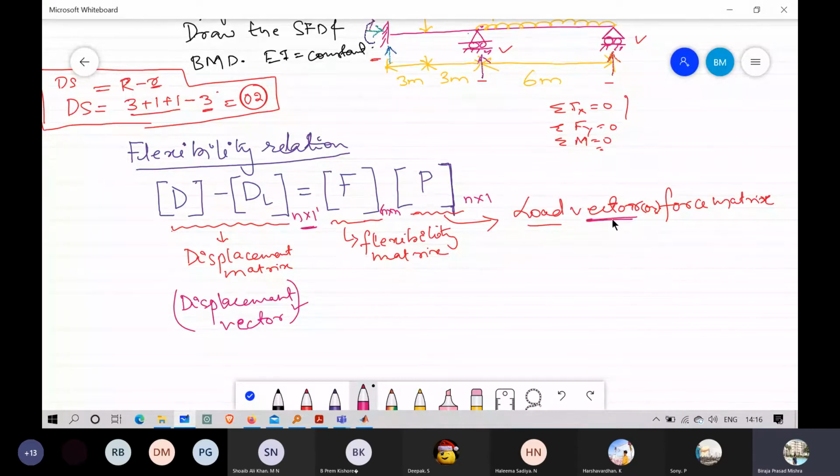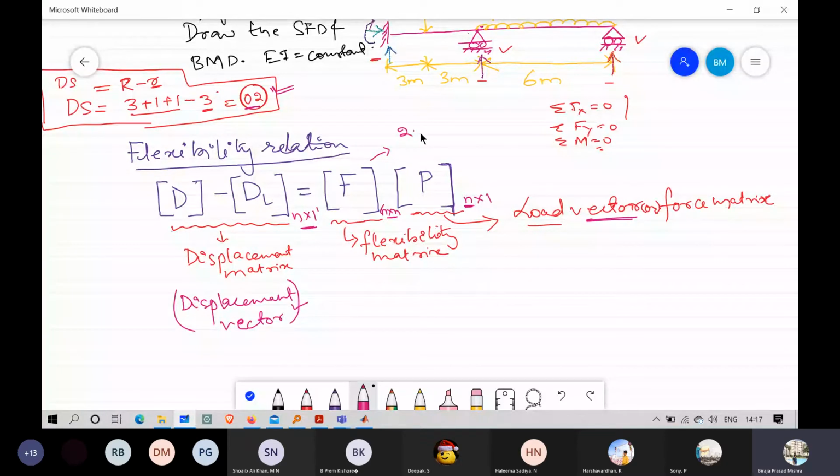Now what will be the size of this n? It depends on the degree of static indeterminacy. If this value is 2, then the flexibility matrix will be of size 2 cross 2. If this value is 3, then the matrix will be of size 3 cross 3.